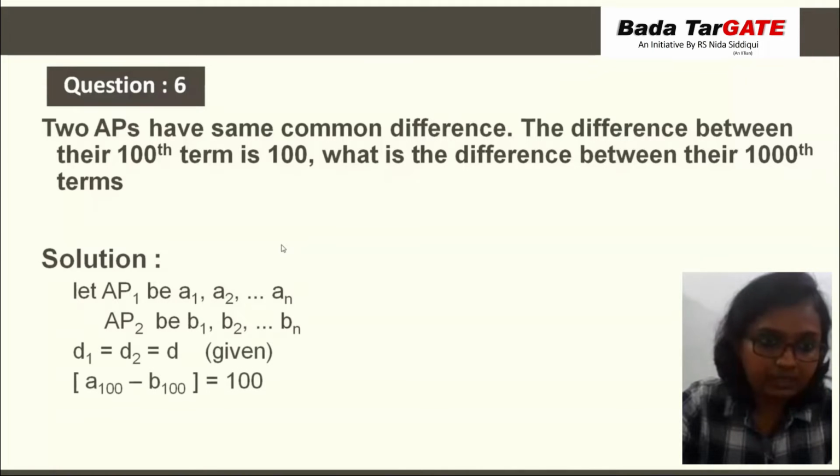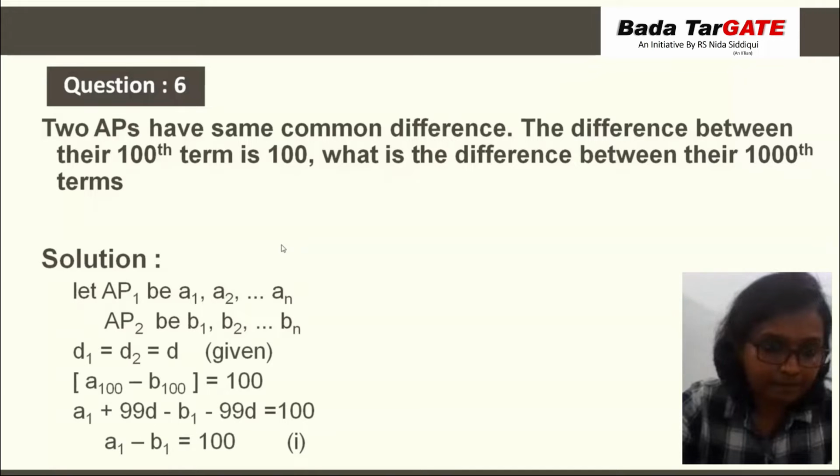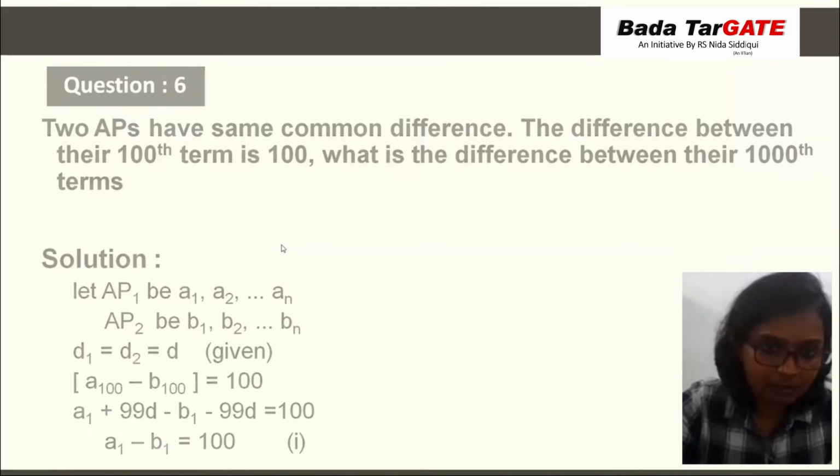From the question we know that A100 minus B100 is equal to 100. Substituting in the equation AN is equal to A plus N minus 1 into D, we obtain A1 plus 99D minus B1 minus 99D is equal to 100. Let this be equation number 1.